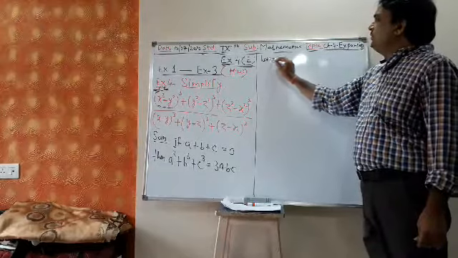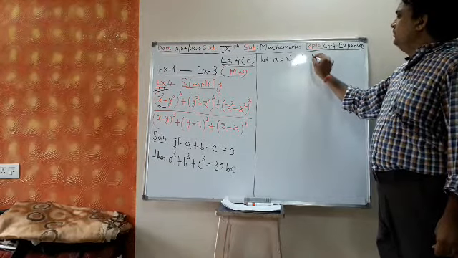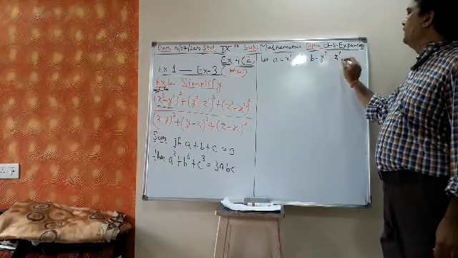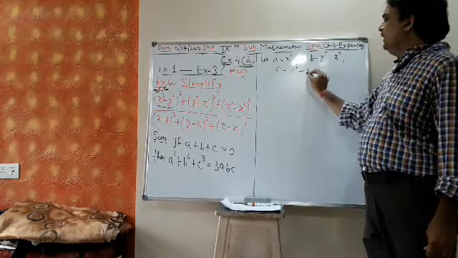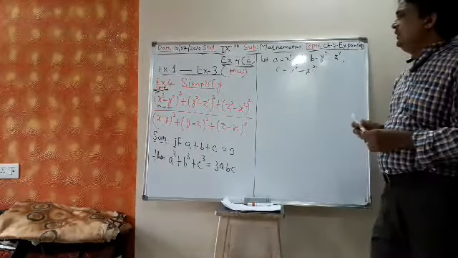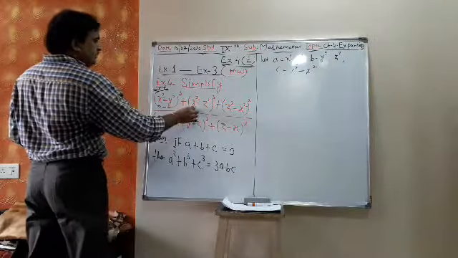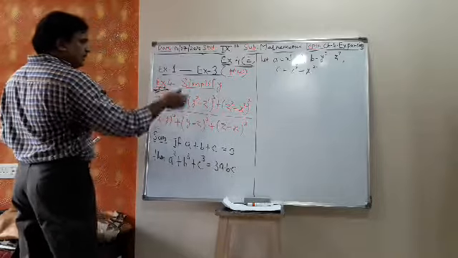Let a is equal to x square minus y square, b is equal to y square minus z square, and c is equal to z square minus x square. Numerator. Then denominator.